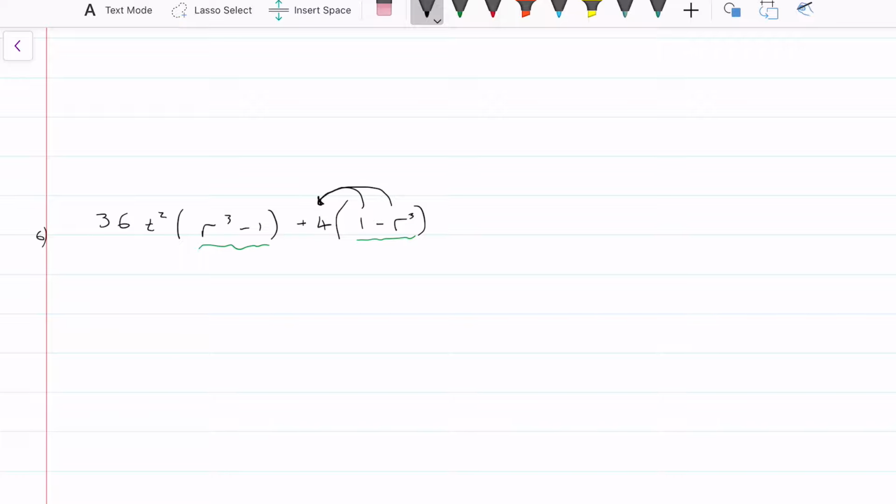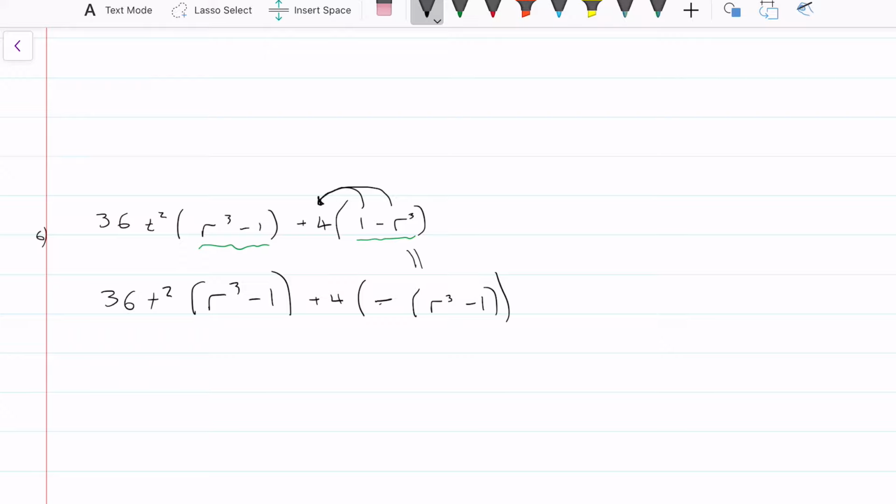So let's write 36t squared times r cubed minus 1, plus 4, and we say minus r cubed minus 1. So these two statements are equal, right? Because this is equal to that if we just multiply the minus in.